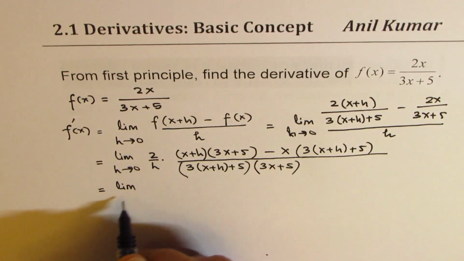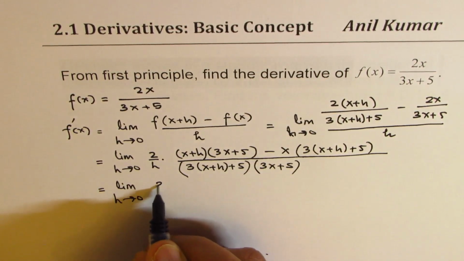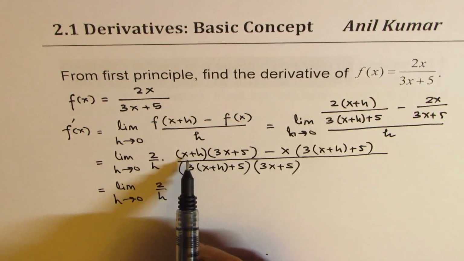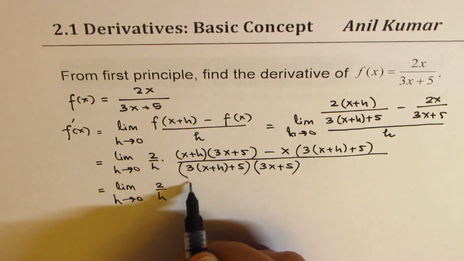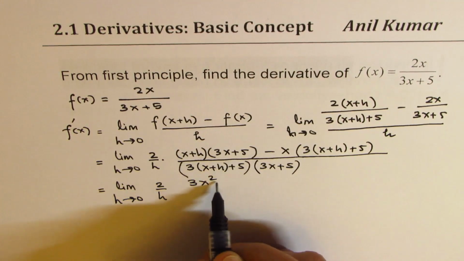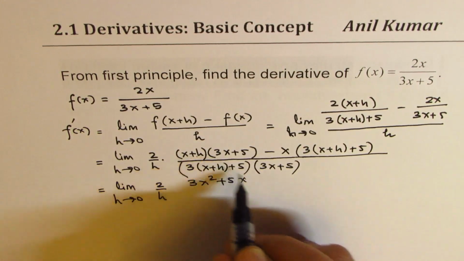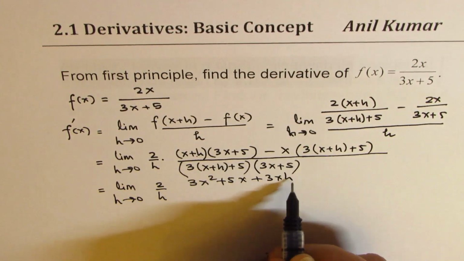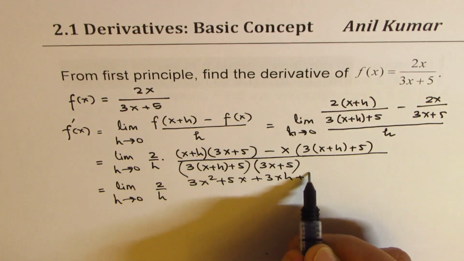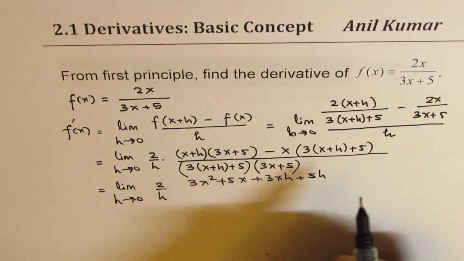So we have limit h approaches 0, 2 over h. If I multiply, you get 3x squared plus 5x plus 3xh plus 5h, so 4 terms.